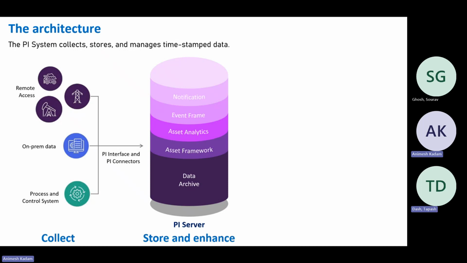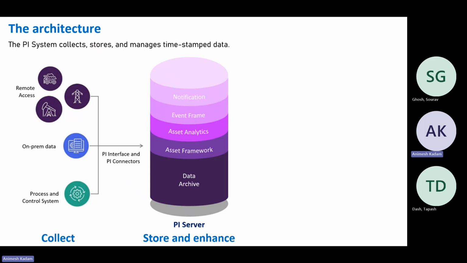Going forward from Asset Framework to Asset Analysis. Asset Analysis enables you to do some basic calculations. You can call it basic, but it has a huge range of inbuilt functions available, which enable you to do almost all the calculations required for your reporting.